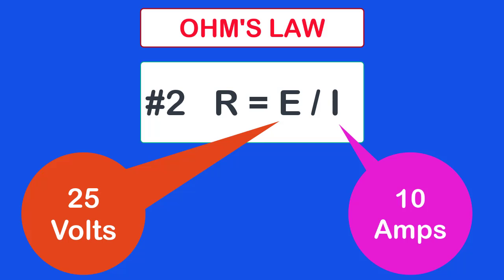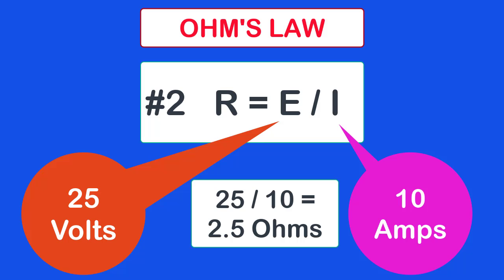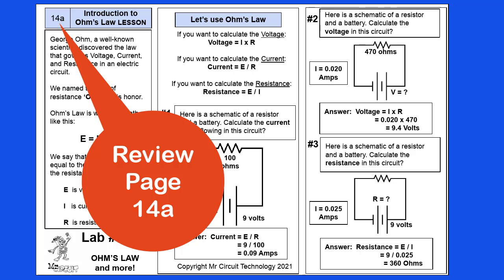Therefore, R, the missing number, is equal to 25 divided by 10. So R is equal to 2.5. 2.5 what? 2.5 ohms.